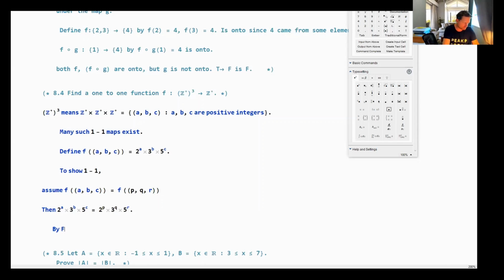So I'm just going to write, by unique factorization.